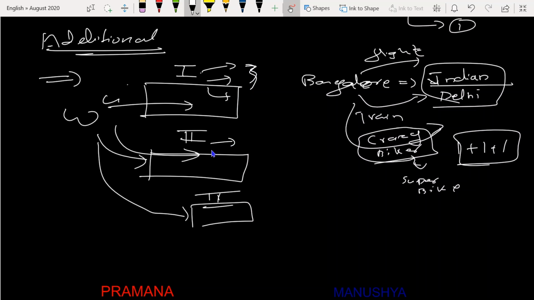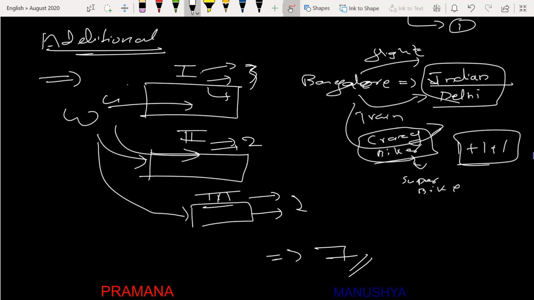In train he can travel with the Garib Rath or the Duronto, two ways. Or in bike he might go with a cruiser bike or his sports bike, two ways. So the total ways will be 3 plus 2 plus 2, which is 7.